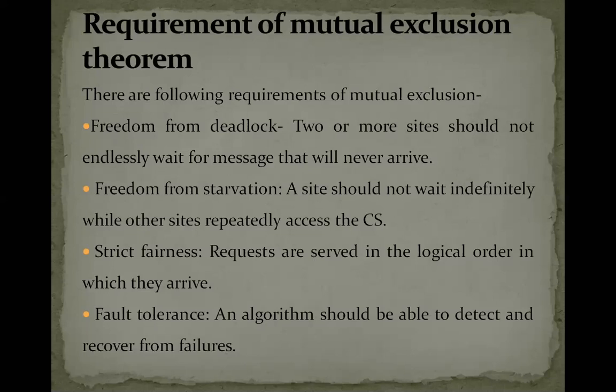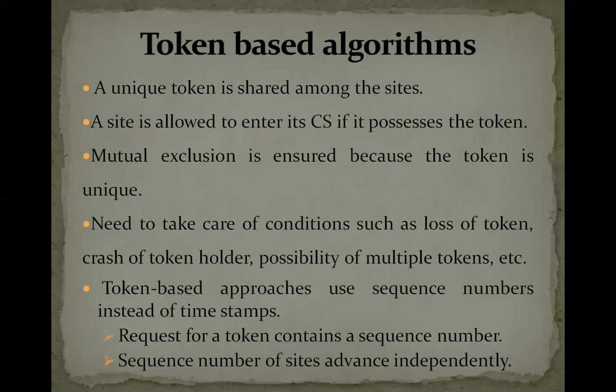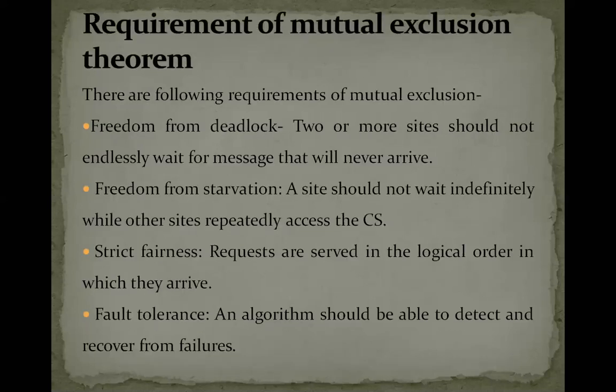So we must have a simple solution of the distributed mutual exclusion. The simple solution is that we make a site work as a control site, and it is assigned the task of granting permission for the CS execution, that is, critical section execution.